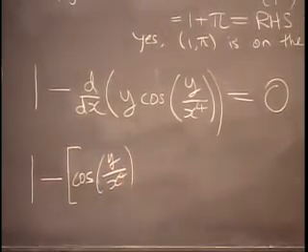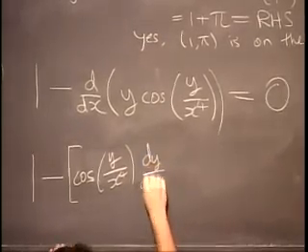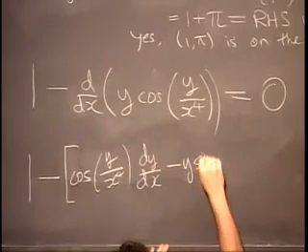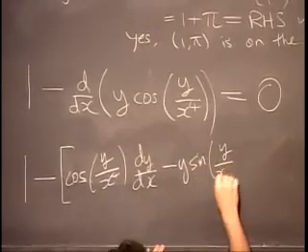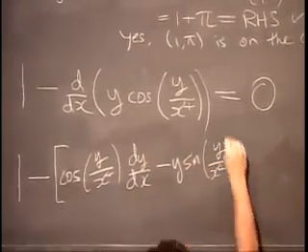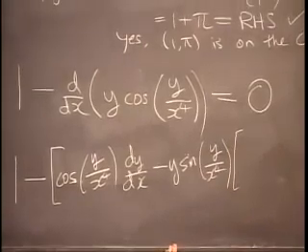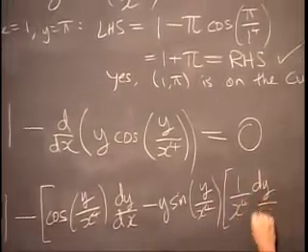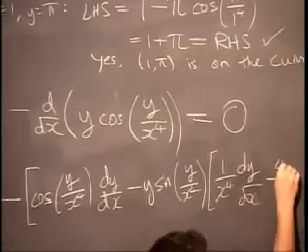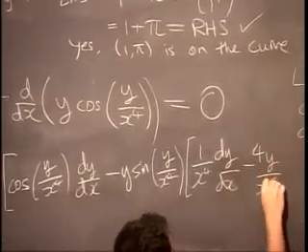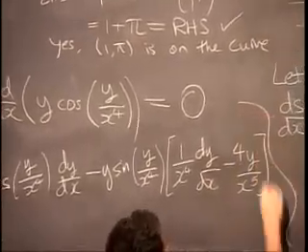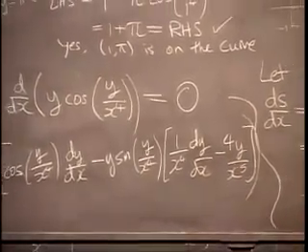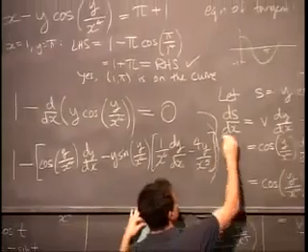Cosine y over x to the 4th dy dx. It's much easier on paper because you don't have to look all the way over there. I hope I'm copying out this whole thing correctly. 1 over x to the 4th dy dx minus 4y over x to the 5th. Okay. Now, all this equals 0.